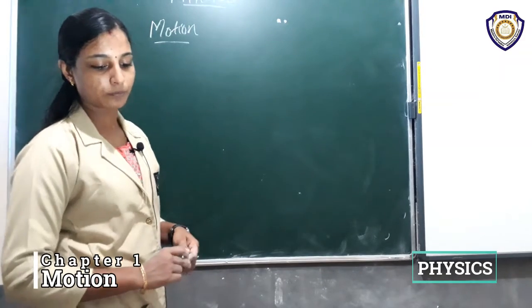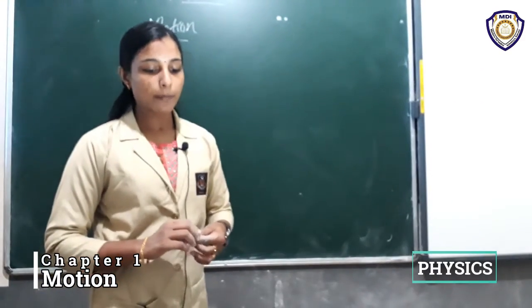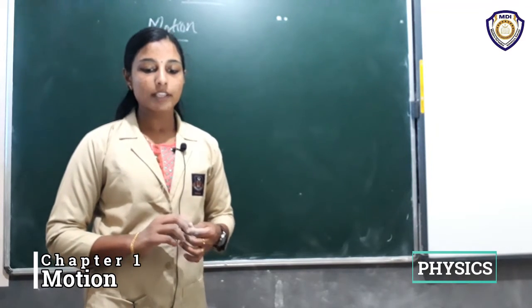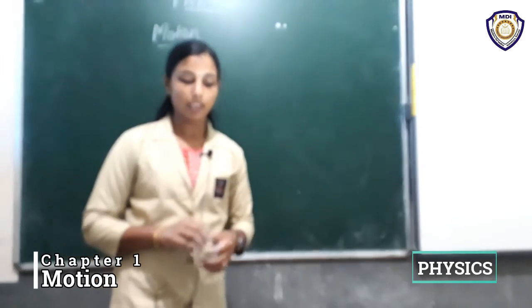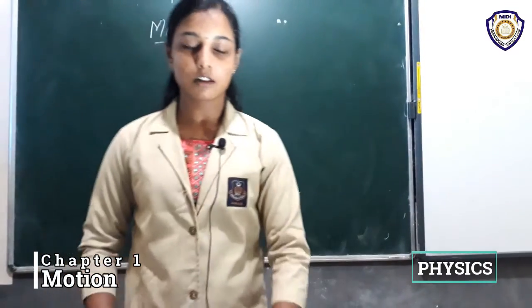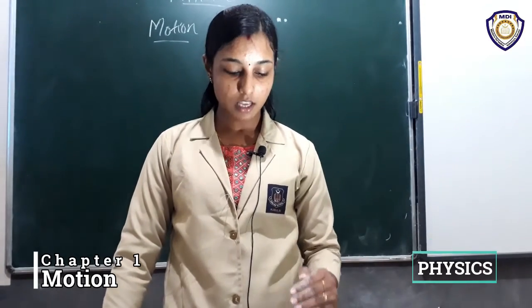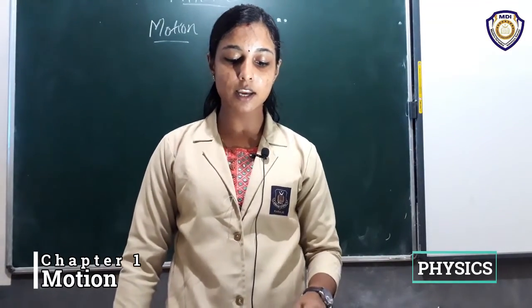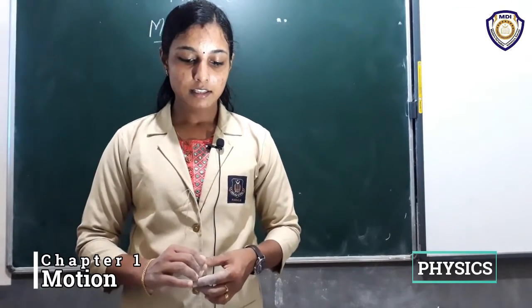What is the question? Starting from a stationary position, Rahul pedals his bicycle to attain a velocity of 6 meters per second in 30 seconds.